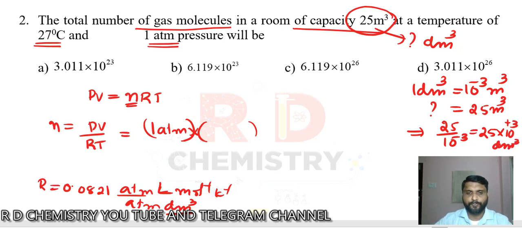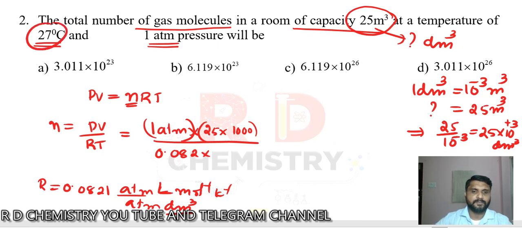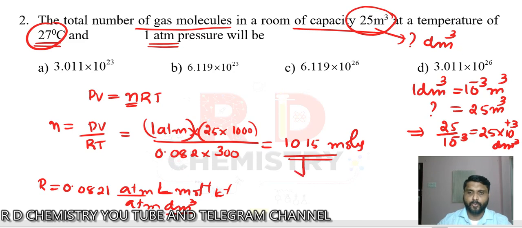So therefore I should write it as 25 into 1000 divided by RT, R is 0.0821, into temperature, 27 means 300 Kelvin. And this will be equal to 1015 moles. But we don't want moles, we want molecules. So 1015 into 1 mole contains Avogadro number.